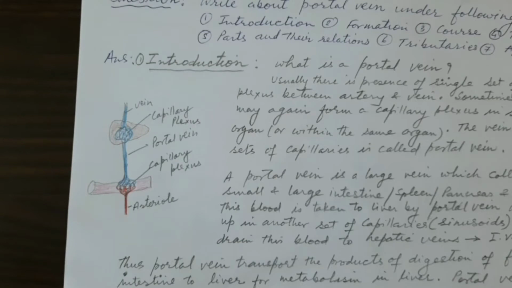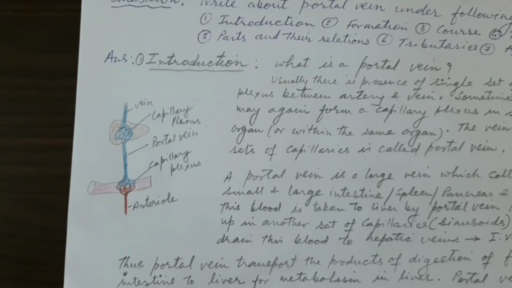And then this portal vein goes into the liver to form, as I said, sinusoids or capillaries. Sinusoids are a type of capillaries which are much more dilated, and these sinusoids drain the blood through the hepatic veins into the inferior vena cava.